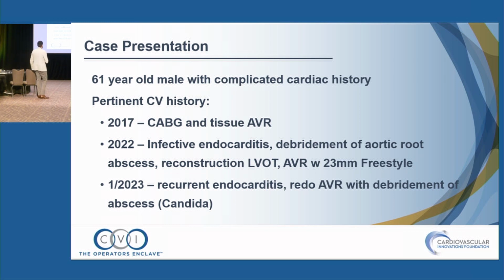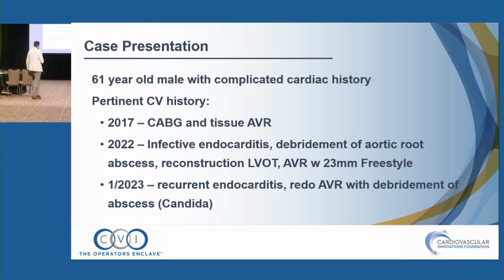A 61-year-old gentleman. He had a history of drug use. He had at least three operations in the chest that I could find. CABG and tissue AVR. He then developed endocarditis from this.